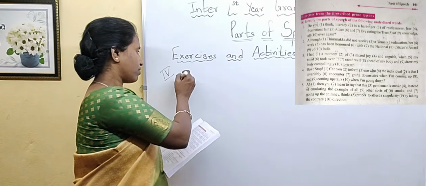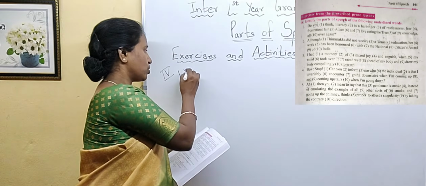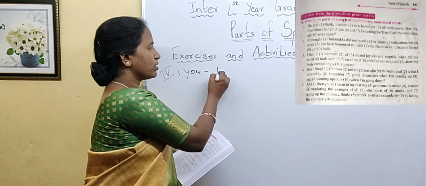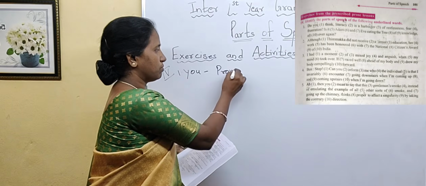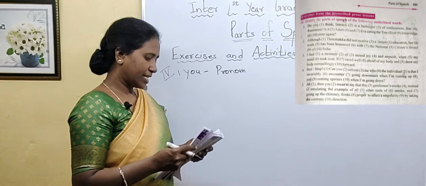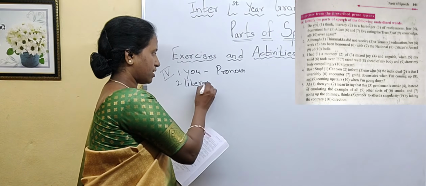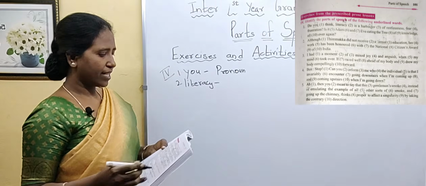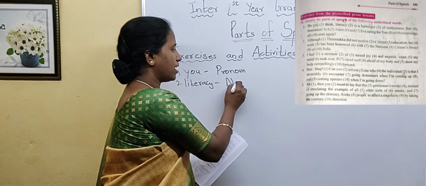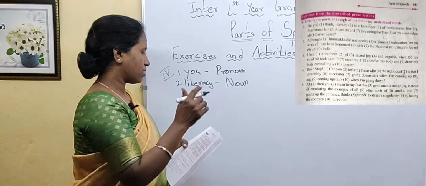Okay, for the fourth bit, the first one: do you. Here the first one is you. You is a pronoun. Do you think literacy, what is literacy? Literacy means reading and writing. Literacy is a noun. Literacy is a harbinger.